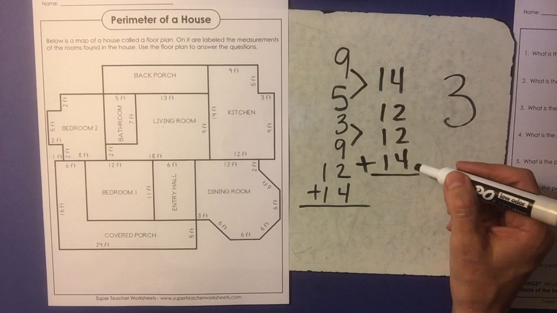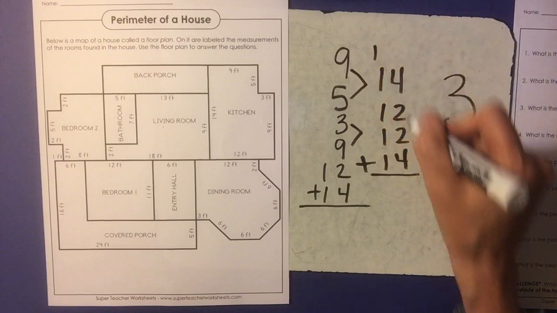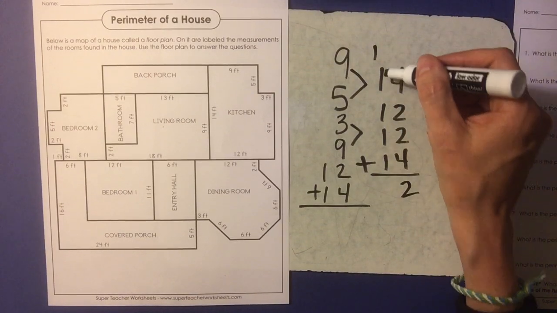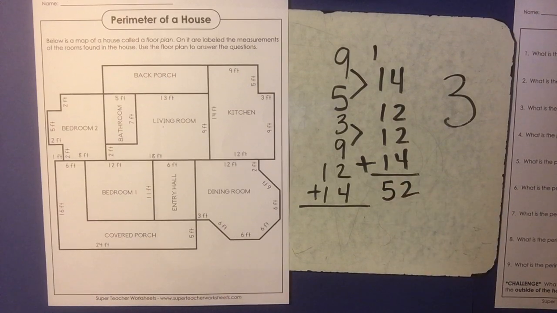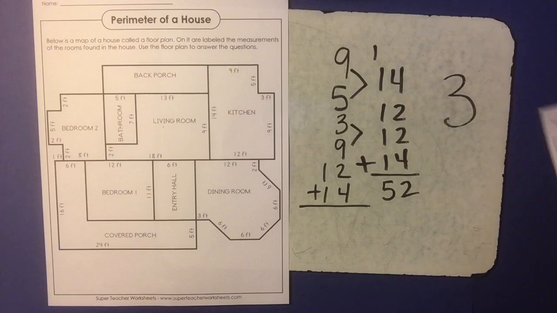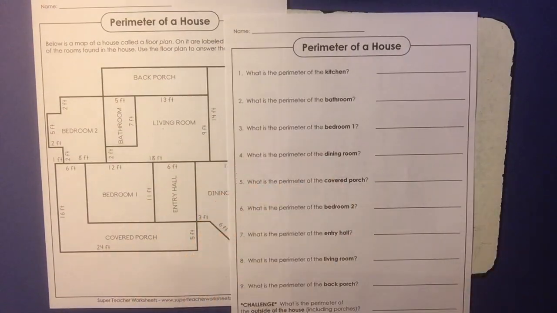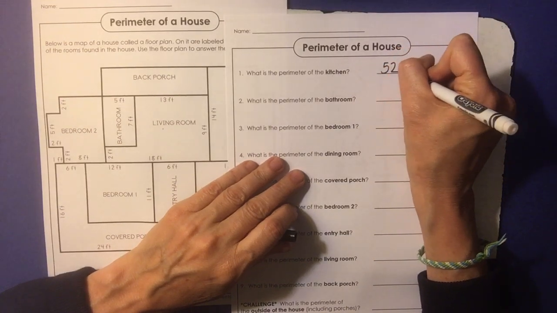And then 4 plus 2, which is 6. So 6 plus 6 is 12. And then I just count up my ones, 1, 2, 3, 4, 5. And so the perimeter for the kitchen is 52 feet. The distance around the kitchen is 52 feet. So what I'm going to do on this worksheet is write the answer, 52 feet.